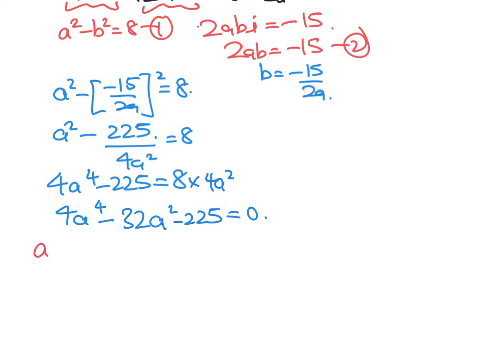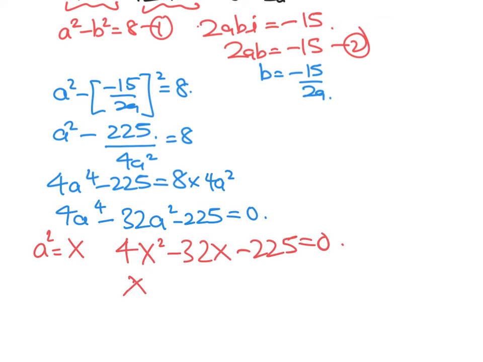Let's say a square equals x, so that gives 4x square minus 32x minus 225 equals 0. Using the calculator, x equals 25 over 2, and x equals -9 over 2.